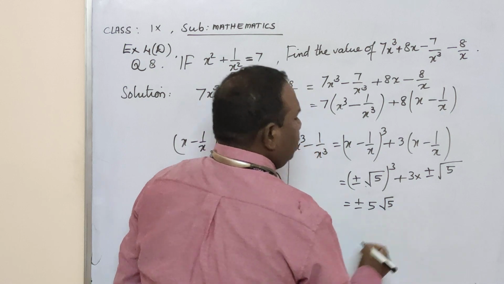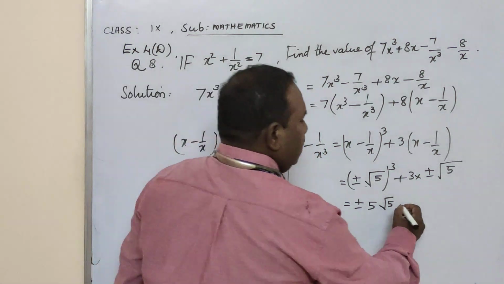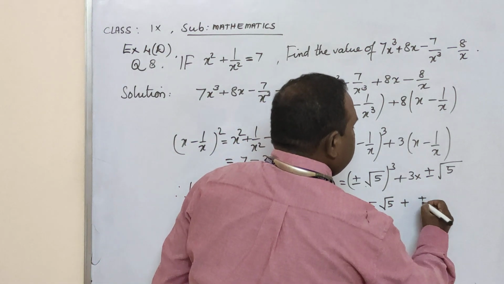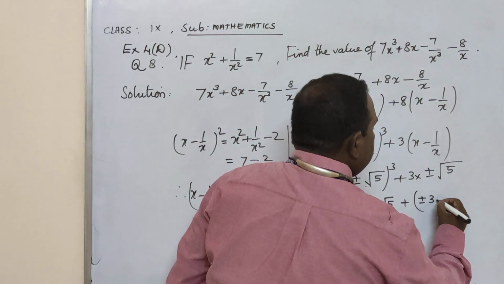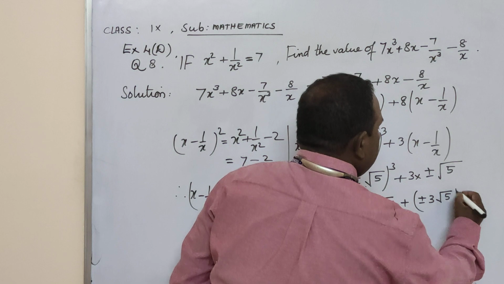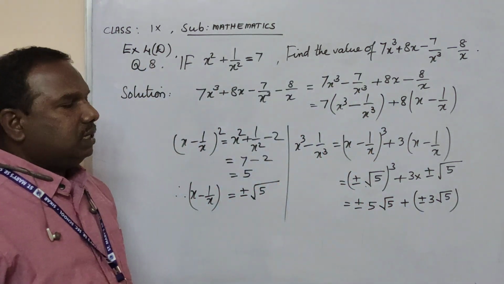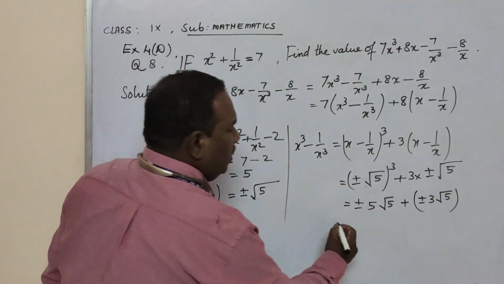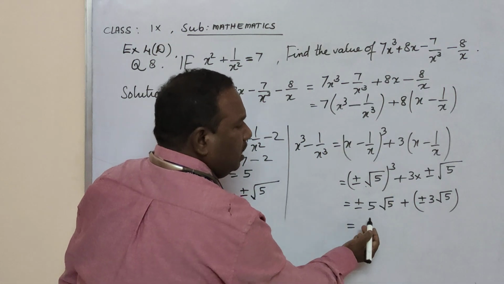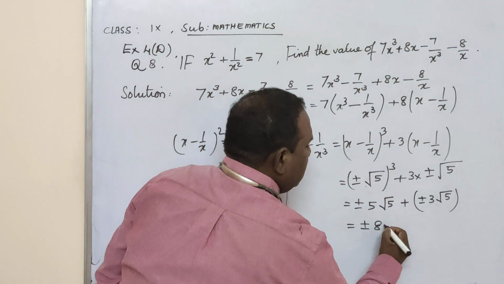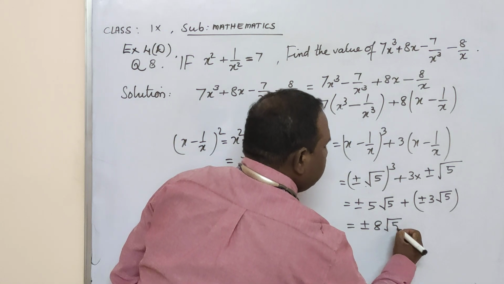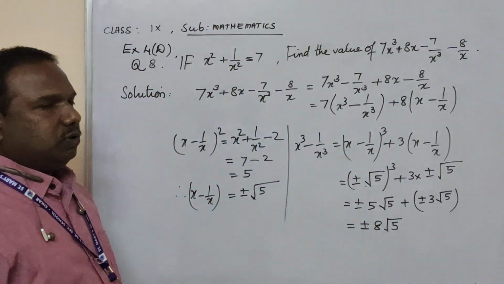So it becomes plus or minus 5 root 5, and here we get plus or minus 3 root 5. Now after adding both, we are getting 5 plus 3, 8, plus or minus 8 root 5.